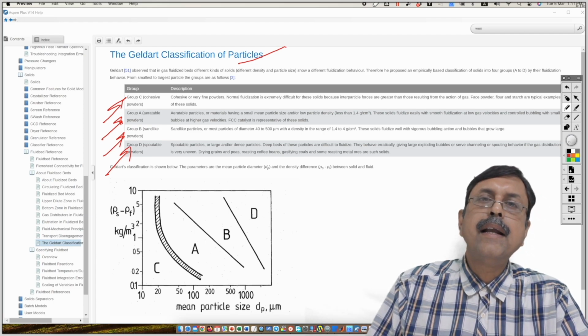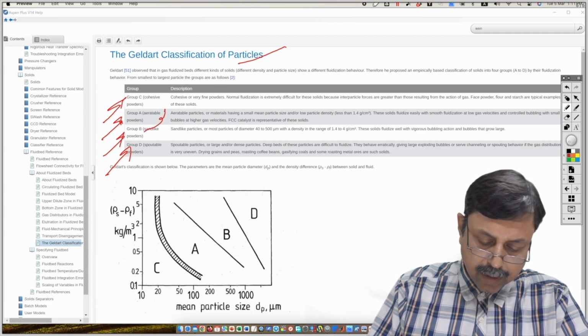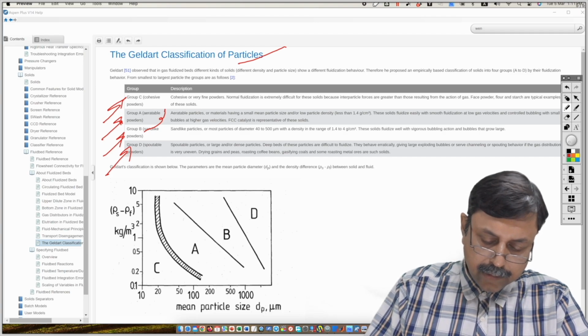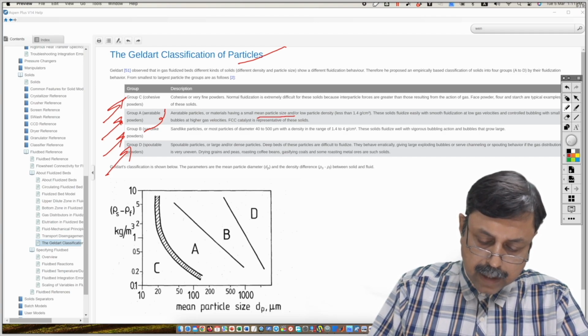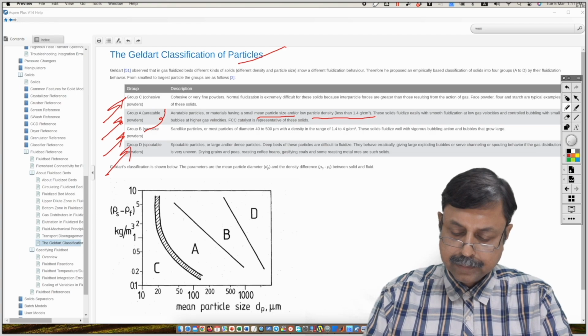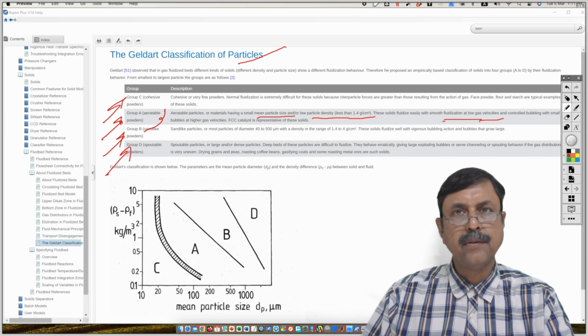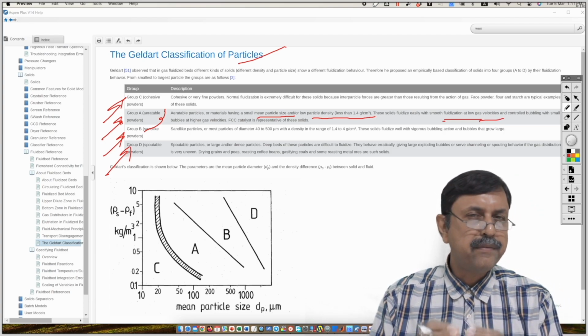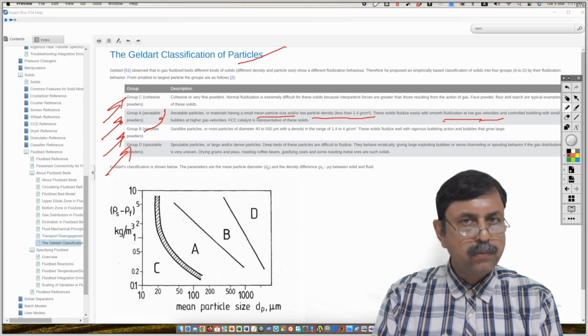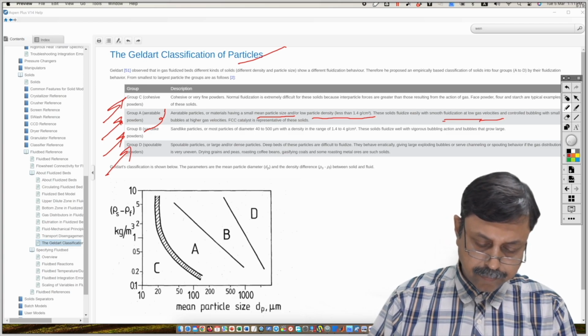Group A or Geldart A is given for aerated powders, that is, aeratable particles or materials having small mean particle size or a low particle density, less than 1.4 grams per cc. And these solids fluidize very easily with smooth fluidization at low gas velocities. So it is very fine particles. When you have very fine particles and with a very low particle density, then you can use Geldart A.